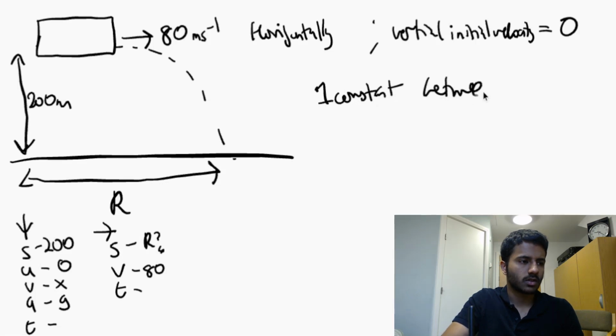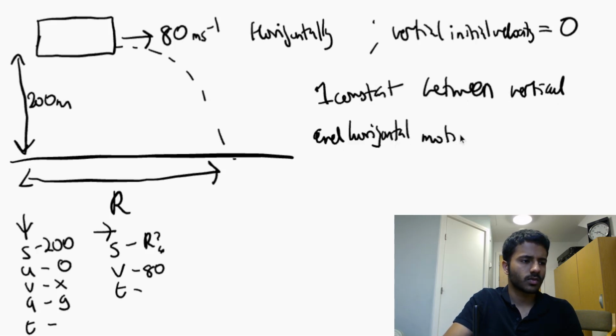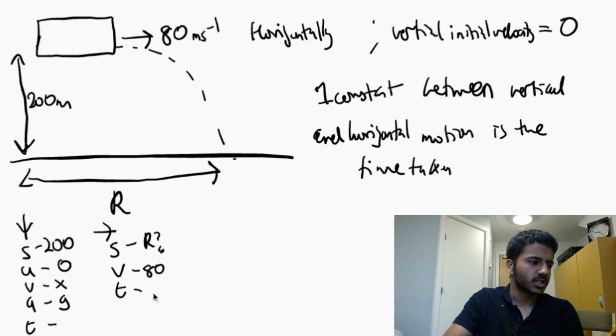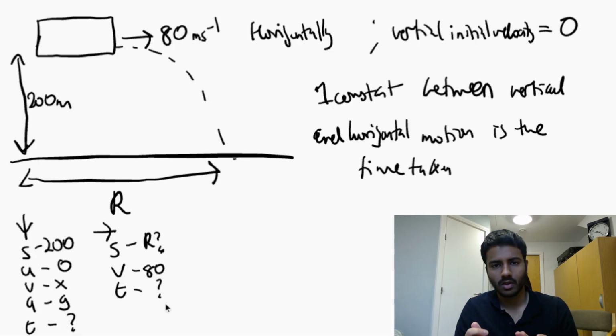between vertical and horizontal motion is the time taken. So this time here that we're trying to find is constant for both.